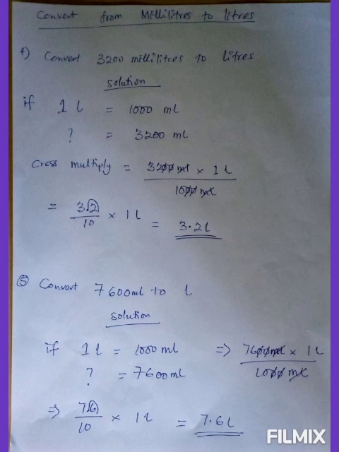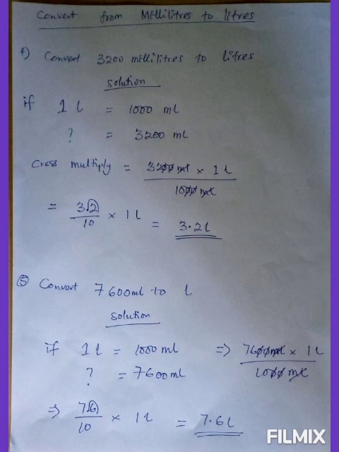Now let's convert 7,600 milliliters to liters as well. Now, the same procedure. If 1 liter is equal to 1,000 milliliters, then 7,600 milliliters will be equal to what? And so you cross multiply as I said. And so we have 7,600 milliliters times 1 liter over 1,000 milliliters.